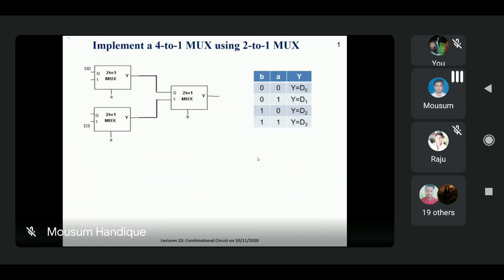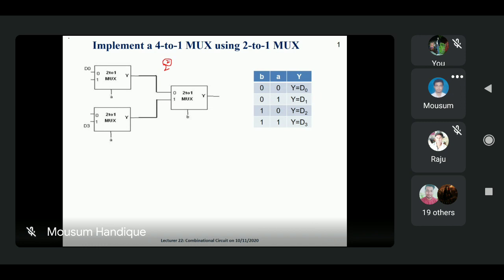So for a multiplexer, you know, it is always 2 to the power n to 1. And how can we get the selection line? Suppose in this example I'm using a 4 to 1 mux. Then 2 to the power 2, this particular 2 is considered as the selection line.